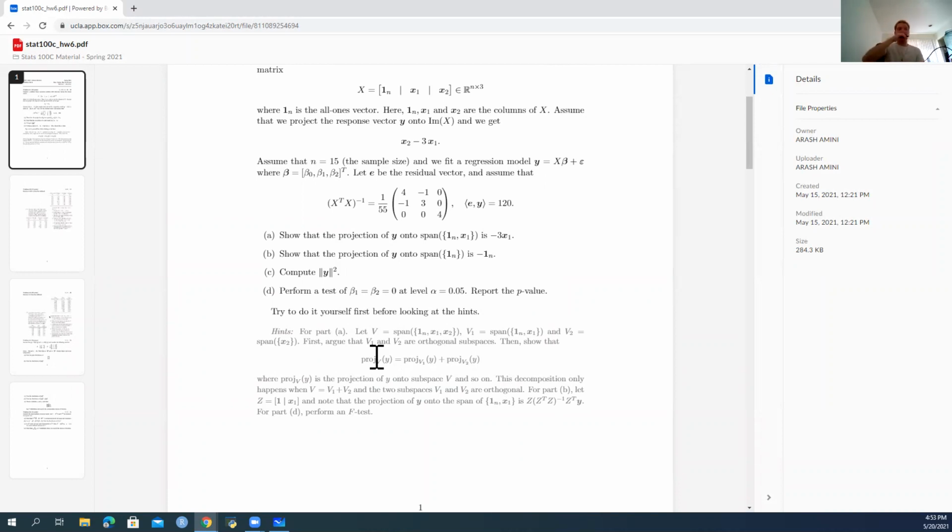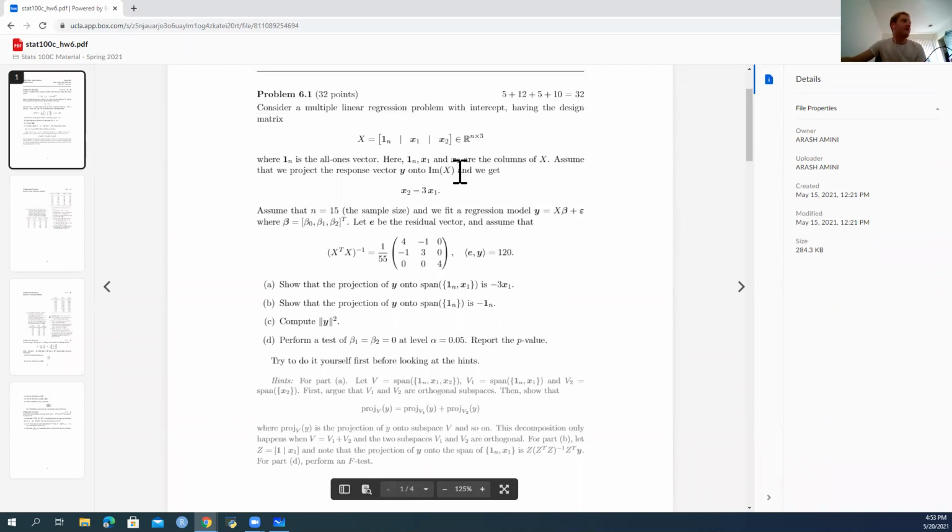And then you're basically there, right? Because if the projection of y onto 1n, x1, and x2 is x2 minus 3x1, and they're orthogonal and this projection thing is true, then clearly the projection of y onto 1n and x1 is just negative 3x1. Does that make sense?